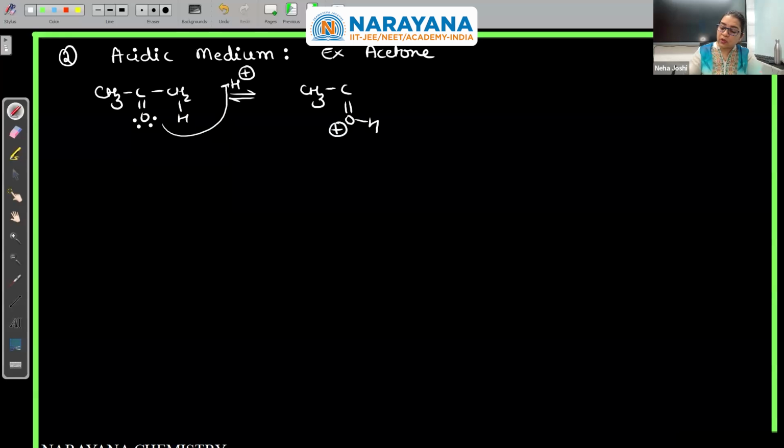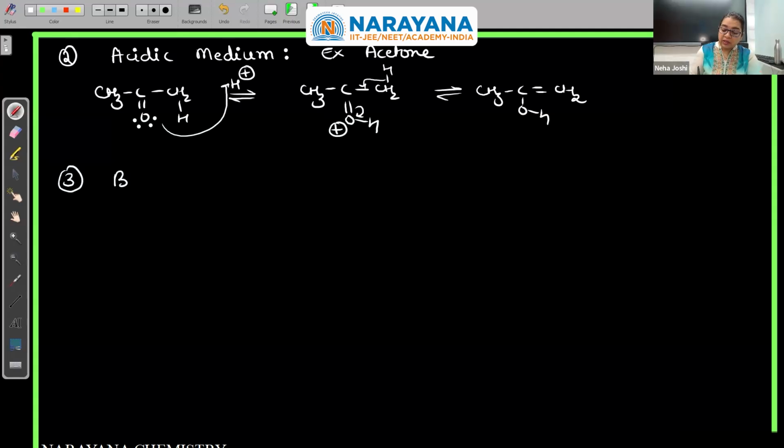CH3COH positive, single bond CH2H. This H plus is gone. CH3COH double bond CH2. Enol is formed. Now here enol is formed through a carbocation.